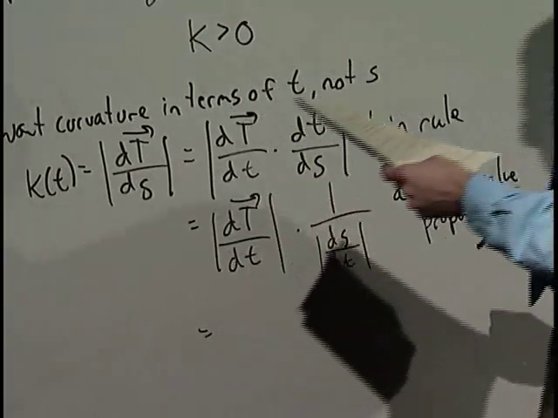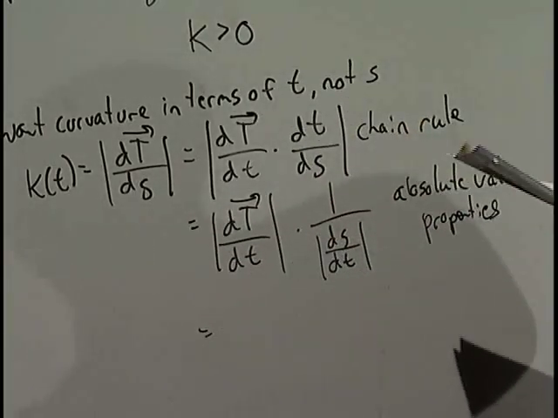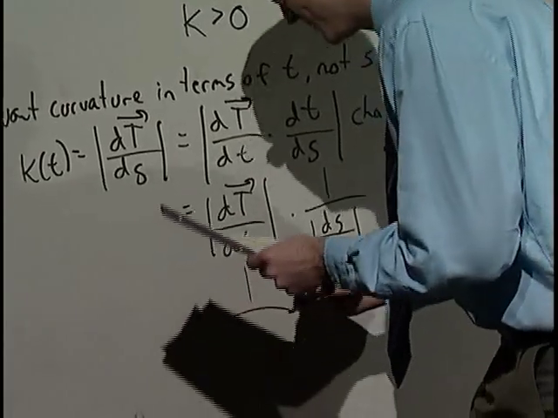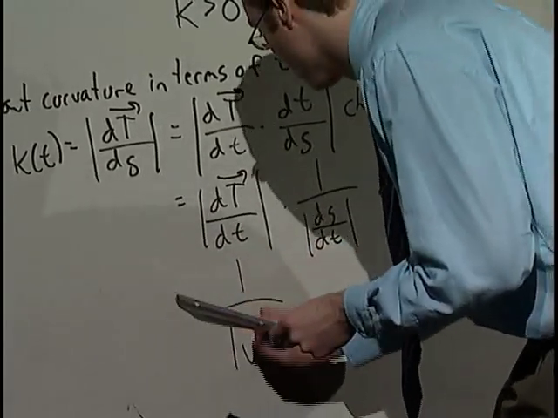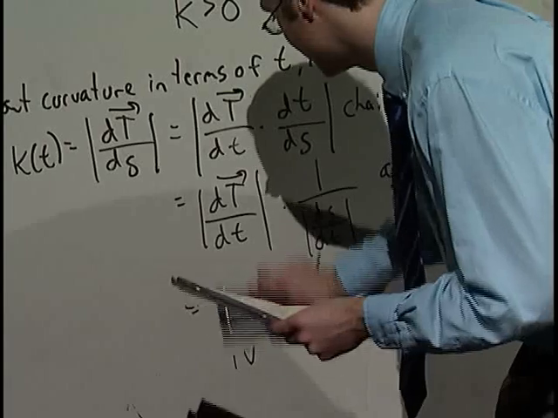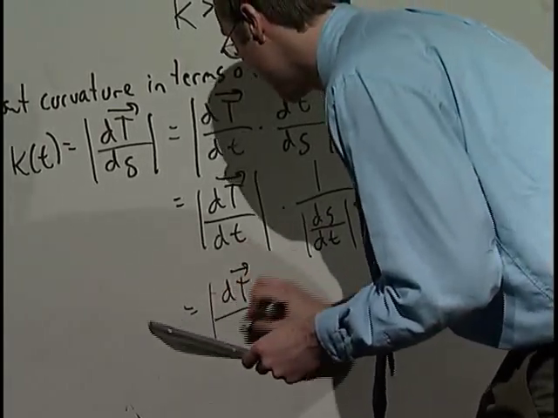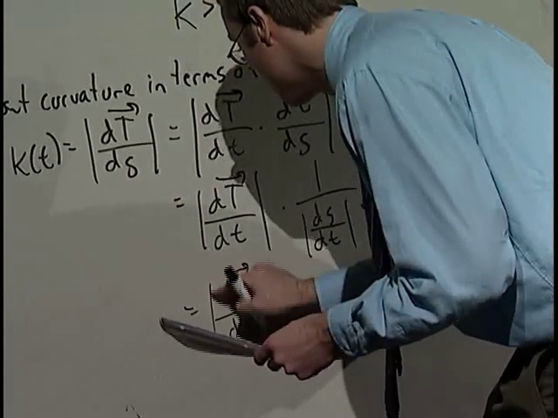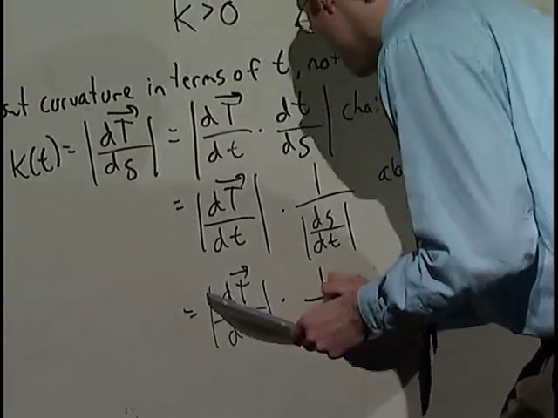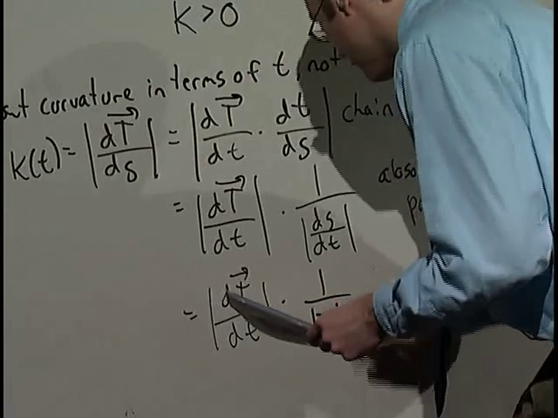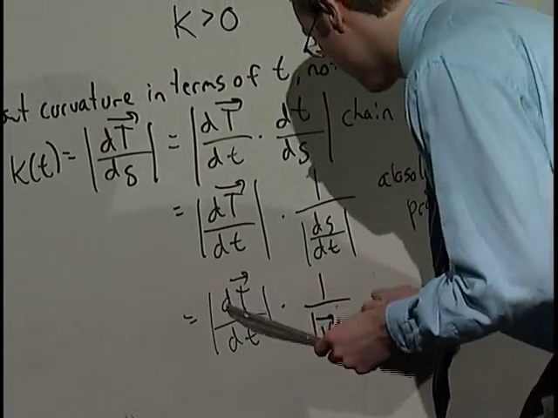All right, absolute value properties. And last but not least, what now? Oh, yeah. So let's see here. This is 1 over, well, let me write it like this. So let's leave this here. dT/dt, like that. And this is 1 over, do I want a t in there? I do want a t in there, don't I?